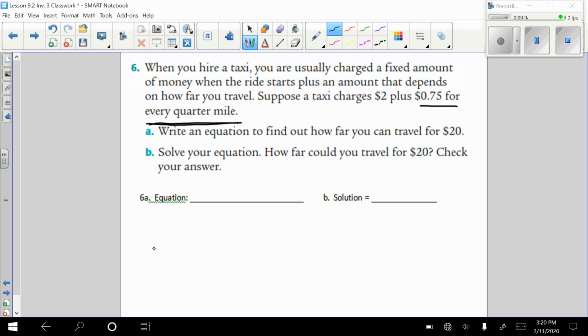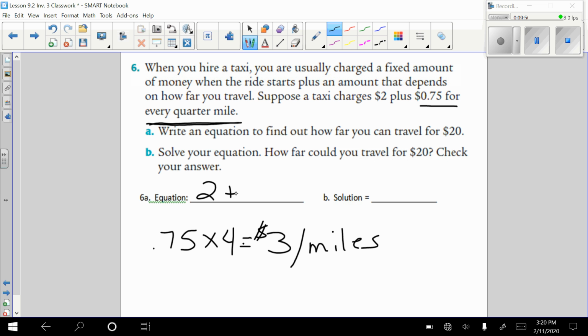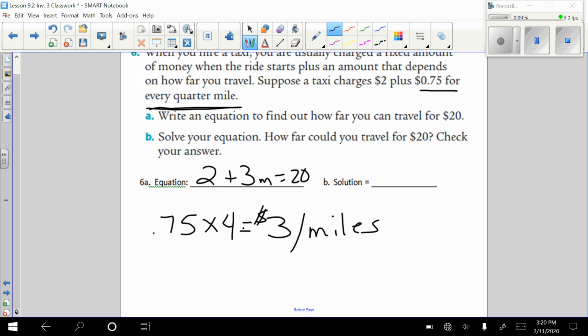So the first thing I would do is take that 75 cents times 4, because there's 4 quarters in one mile, which means $3 per mile. That's what they're really charging me, $3 for every mile. That'll help me in my equation, because it's $2 to start out plus $3 for every mile. And how far did I go for $20? Again, use your backtracking to solve.